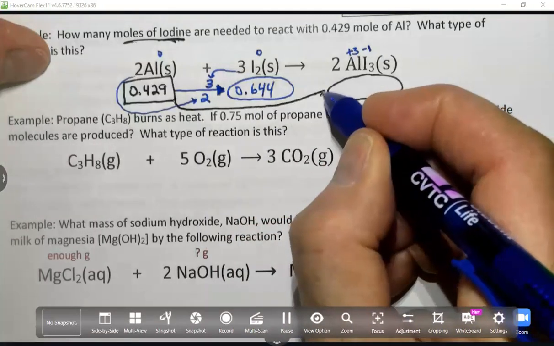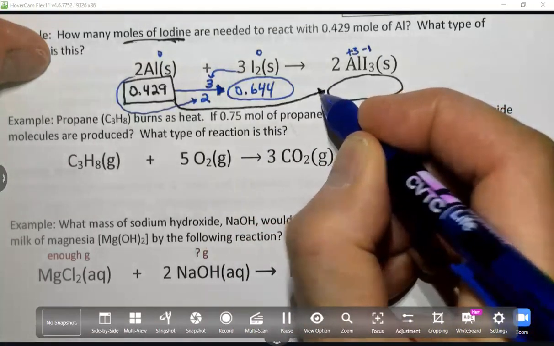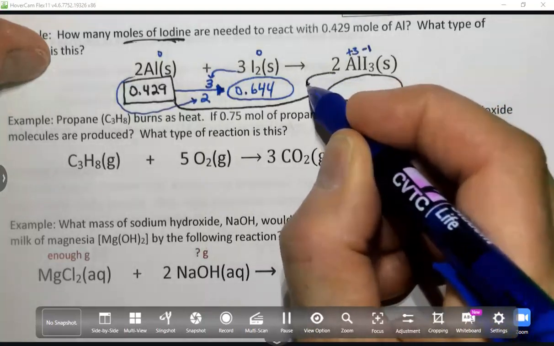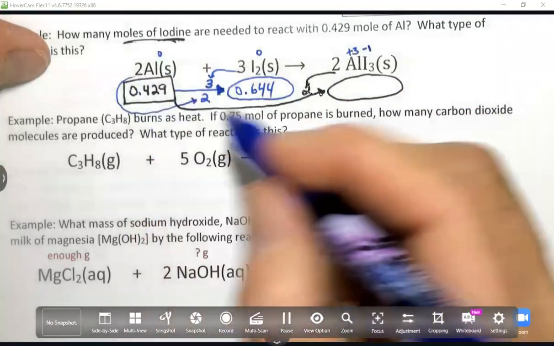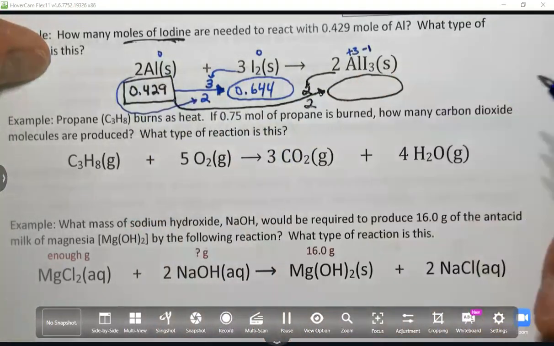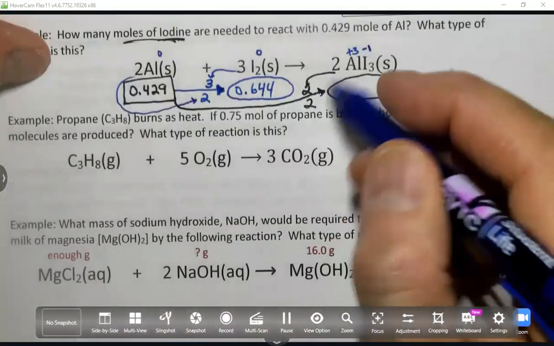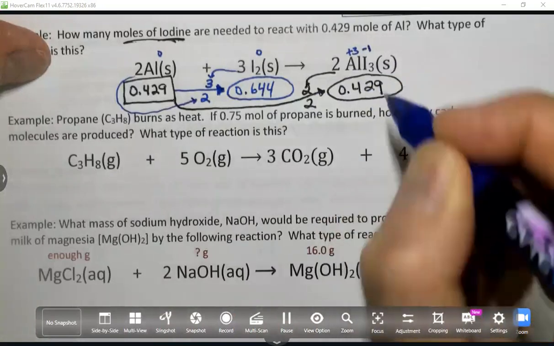When I point my arrow there, what number is going on top immediately? This 2, correct? 2. And where I started from is this 2. 2 over 2. How many moles of aluminum iodide am I going to produce? 2 over 2 is the same as 1, and that is 0.429 moles.